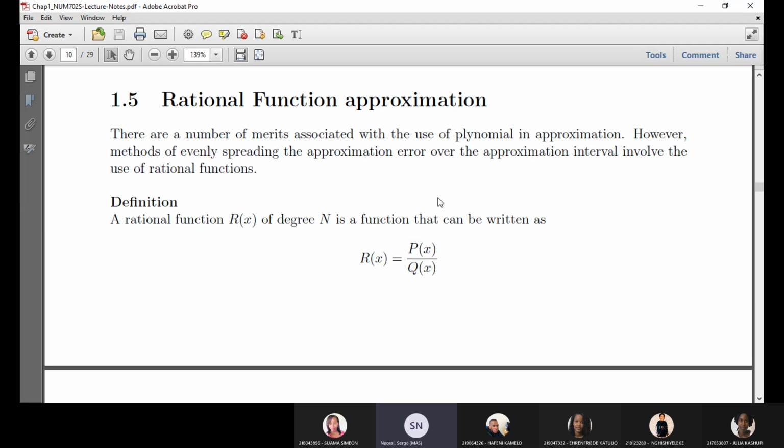If you recall what I said with respect to polynomial approximation, I told you that the drawback of polynomial approximation is particularly due to the fact that there are oscillations at the endpoints, which we also call wiggles. Using polynomials does not give a good approximation.